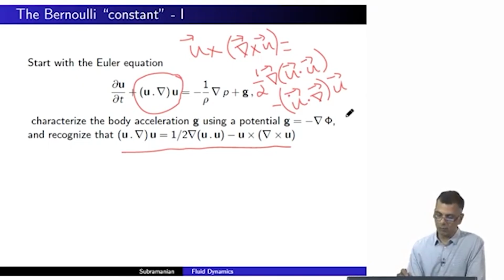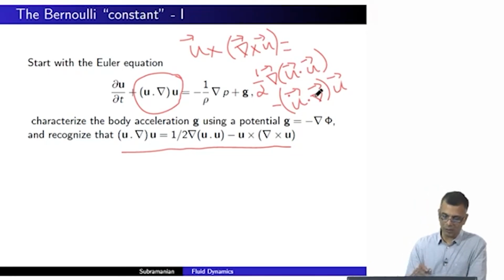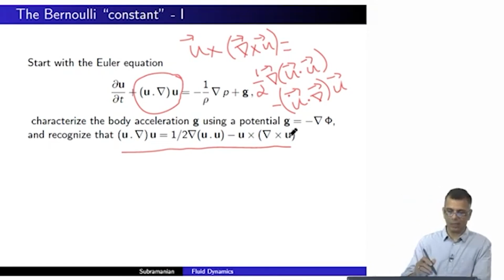Mind you, this u dot del is not the same as del dot u. U dot del is the directional derivative: ux d over dx plus uy d over dy and so on. So you just rearrange this, and it is simply a way of reformulating this one, and there is a reason. One of the reasons I can already point out is that this u dot u is like u squared. So half u squared is like the kinetic energy per unit mass, and this we can get rid of. So bear with me for a minute and let us go ahead.